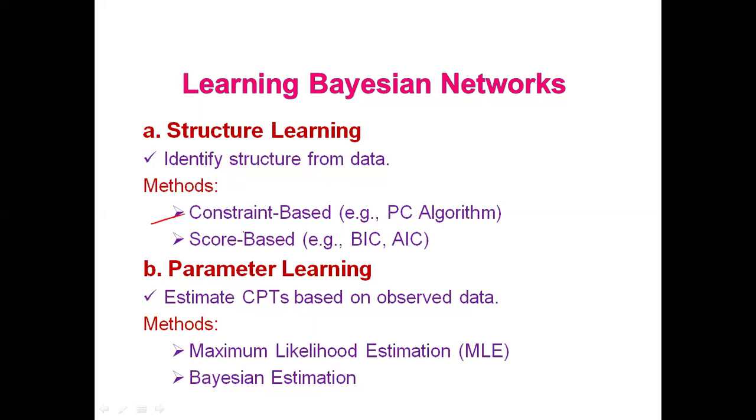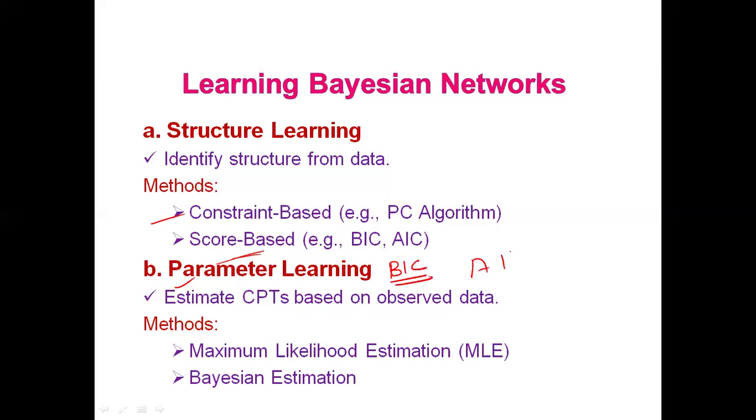These methods use statistical tests to determine independence between variables and construct a network that satisfies the constraints. The PC algorithm is a well-known example. Next, score-based methods. These methods assign scores to different network structures and select the one with the highest score. Popular scoring techniques include the Bayesian Information Criterion, BIC.